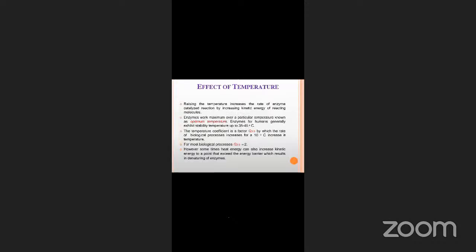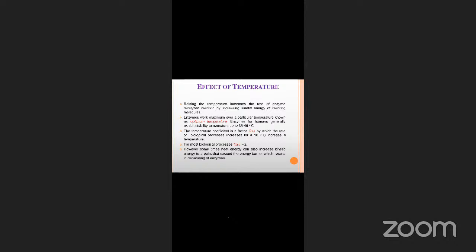First is temperature. Whenever the temperature is increased, the rate of enzyme catalyzed reaction also increases. But enzymes function efficiently at a certain temperature that is called the optimum temperature. For example, it depends on our body temperature.